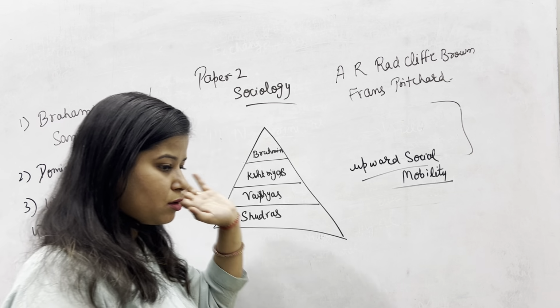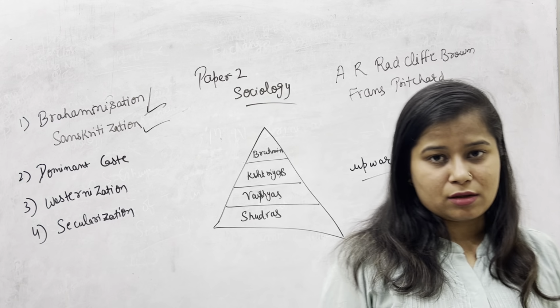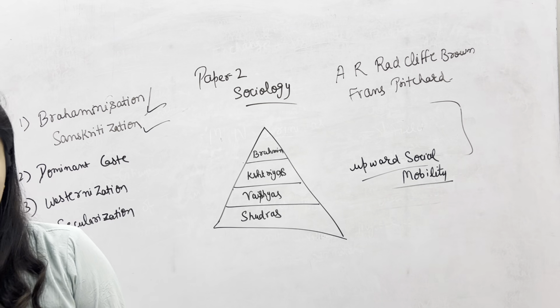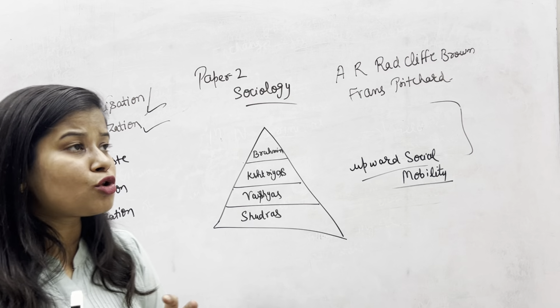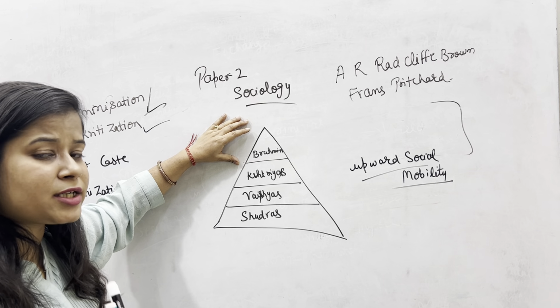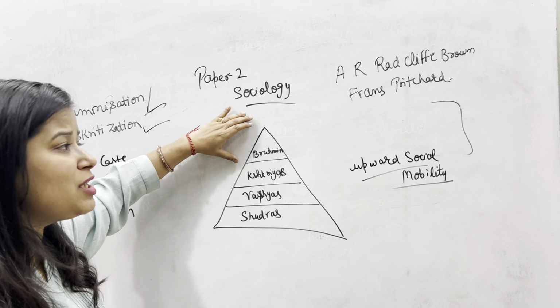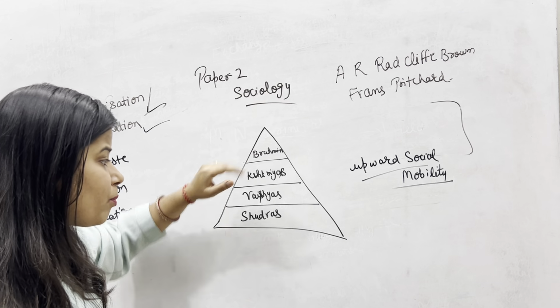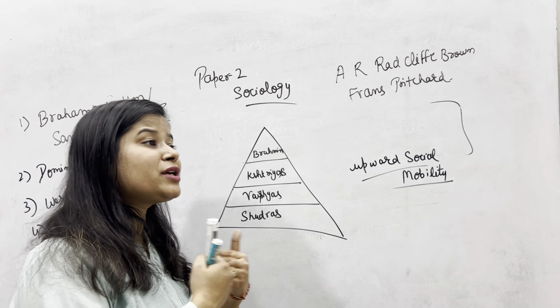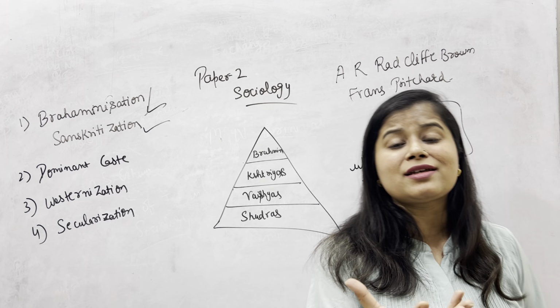But later on, he expanded his theory. Later on, he observed certain things and expanded his theory by saying that it is not only Brahmins who are being imitated. It is not like lower caste people are imitating the Brahmins only. No, the people of the lower caste try to imitate the caste which is dominant in their region.